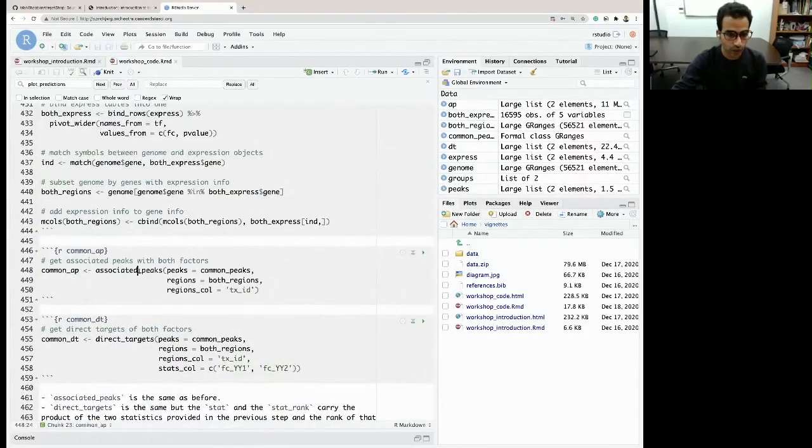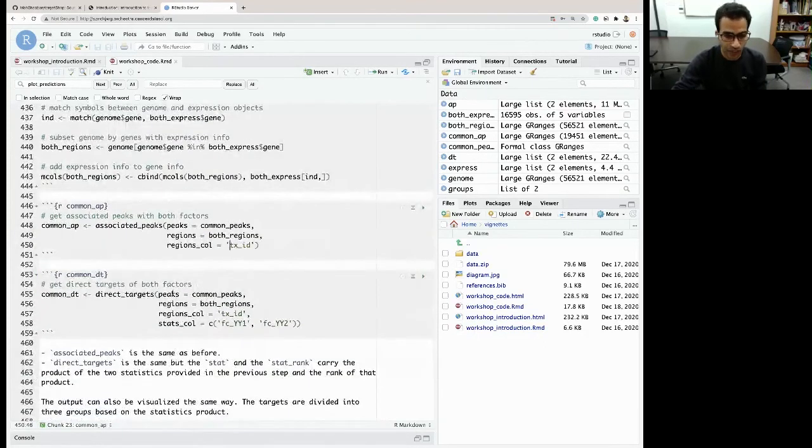Okay, so the code to find the associated peaks is exactly the same. We pass common peaks and both regions for the peaks and regions, and then we say calculate on the transcript ID as the regions that we want to use. And then the code for the direct target is again very similar.